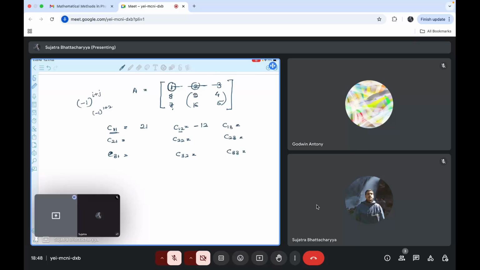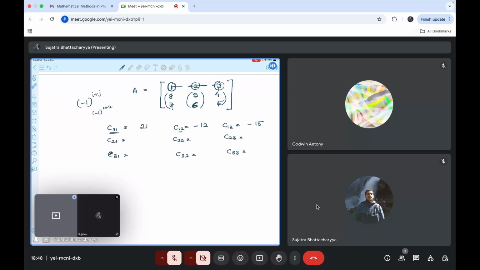Similarly, C13: leave this row, leave this column, and you have 8, 6, so 48 minus 60, which is minus 15. And minus 1 to the power 3 plus 1, that is 4, which is positive, right?